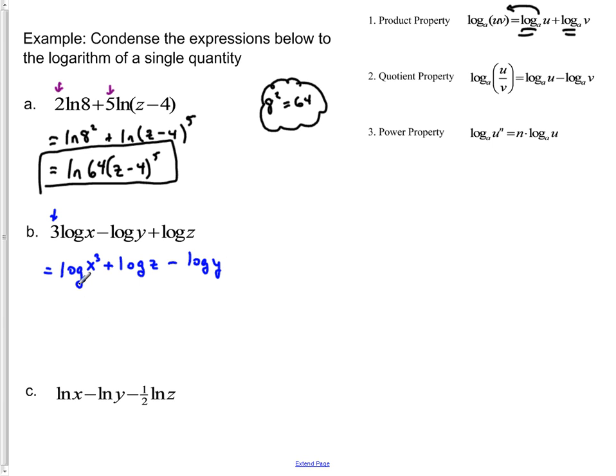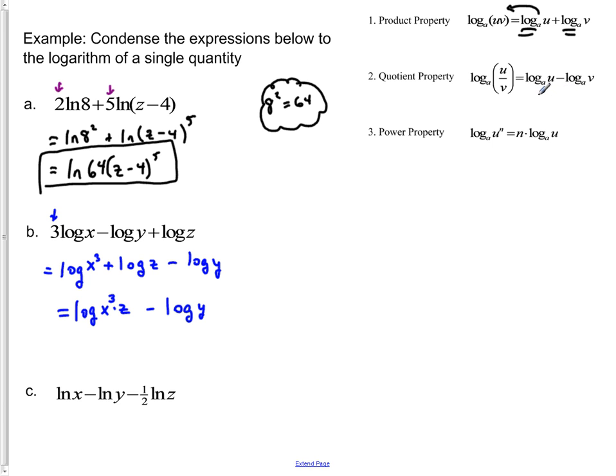Well, that's not bad because now we can just go step by step, and let's use one rule at a time. We see that we have our product rule up front here, and we can rewrite that as a logarithm of the quantity x cubed times z. And we will be subtracting from that the logarithm of y. So now if we want to combine these together, we have to go to our quotient rule.